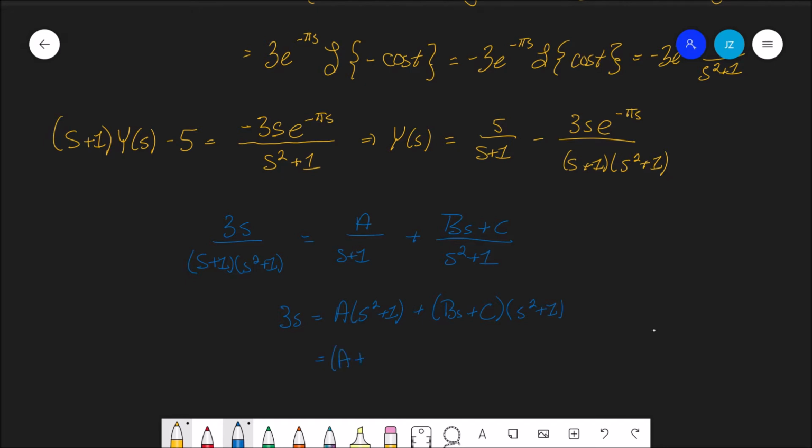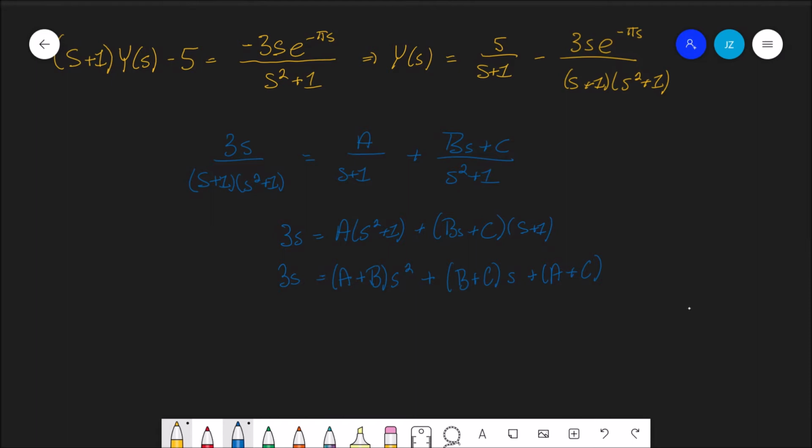We're going to have A plus B times s squared plus B plus C times s plus A plus C, and of course that all equals 3s, so we can use coefficient comparison to set up a system, and we'll get A is negative 3/2, B is positive 3/2, and C is positive 3/2.